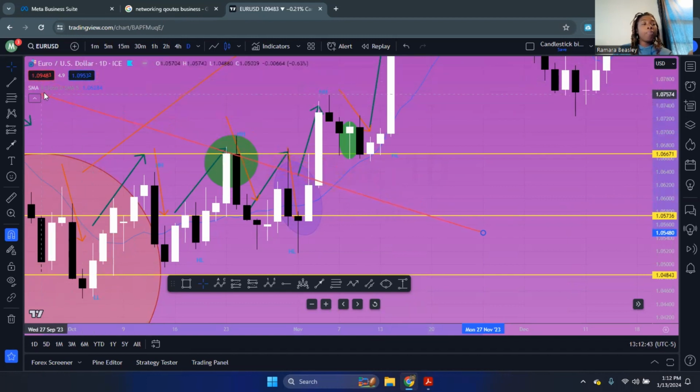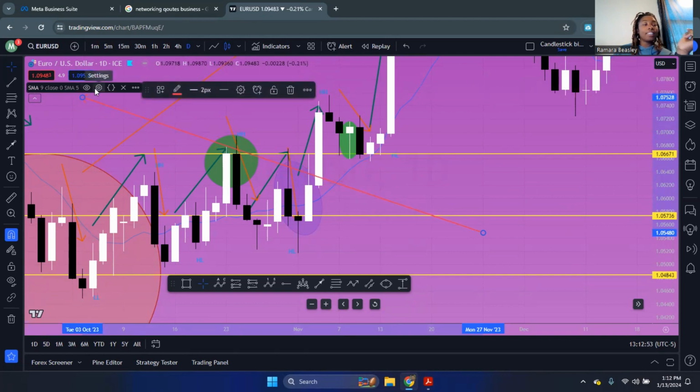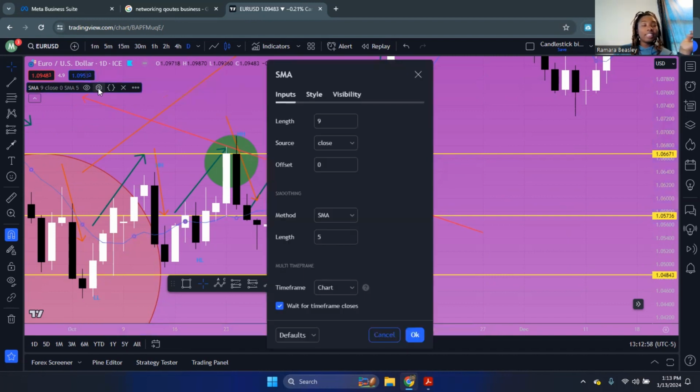Under the ask and buy price, it's going to be the simple moving average, SMA. Click on the settings button. When you hover over it, go to settings. And that length, change it to 21. That's all you have to do.